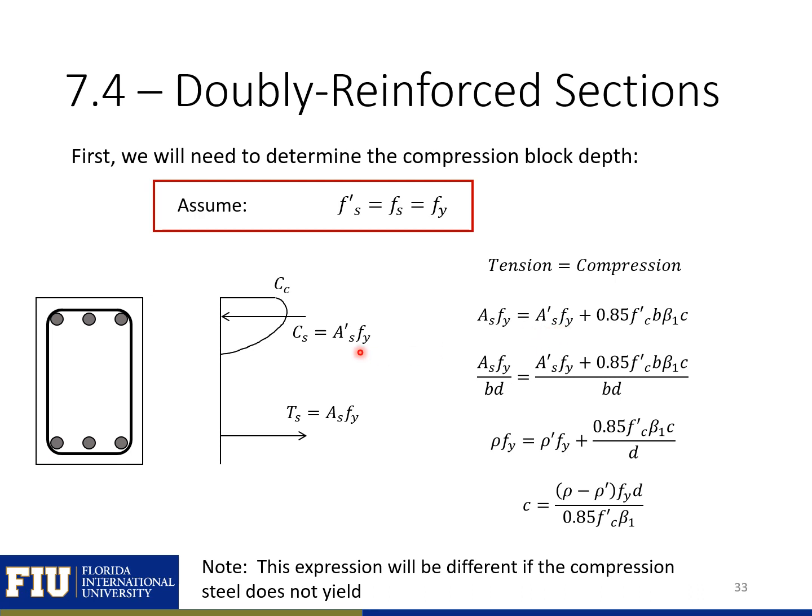Here, again, assuming that our compression steel is yielded. We can simplify this and solve for c, which is our unknown. We know everything else. And then use this c in our curvature ductility expression. Just note here that this expression is going to be different if your compression steel doesn't yield.